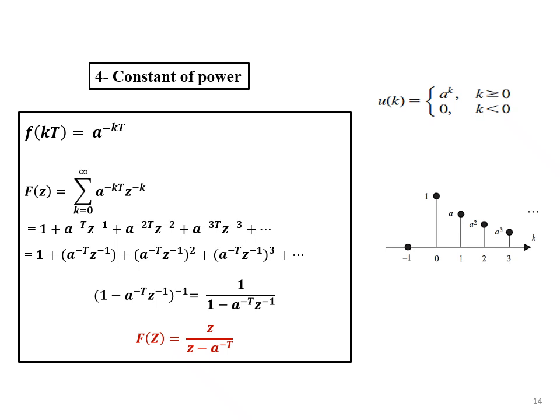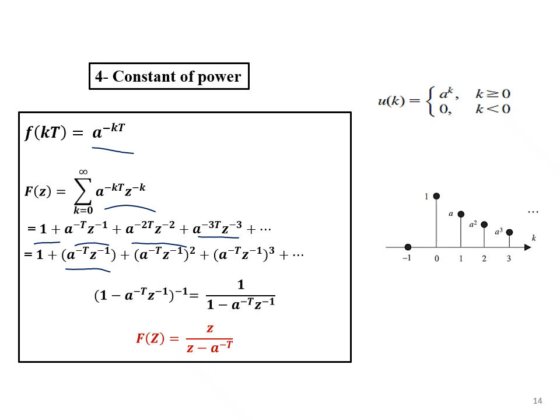For a constant a to the power negative kT, we apply the same steps: summation k equals 0 to infinity, a to the power negative kT z to the power negative k. We get 1 plus a to the power negative T z to the power negative 1, a to the power negative 2T z to the power negative 2, a to the power negative 3T z to the power negative 3, and so on and so forth.